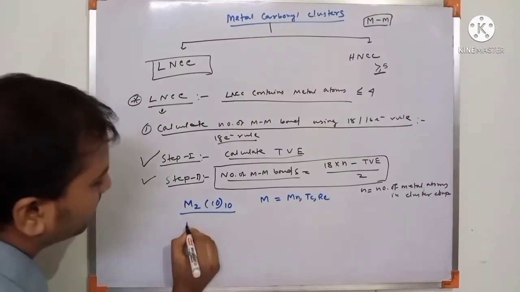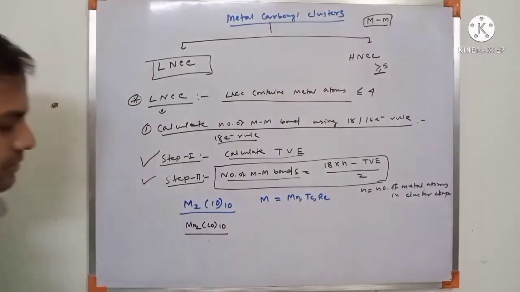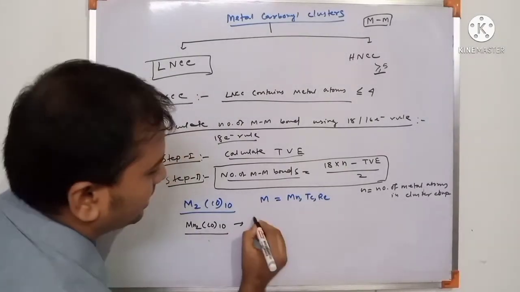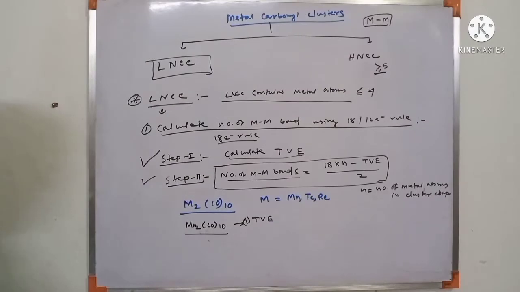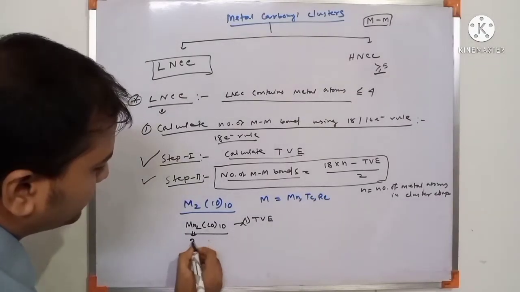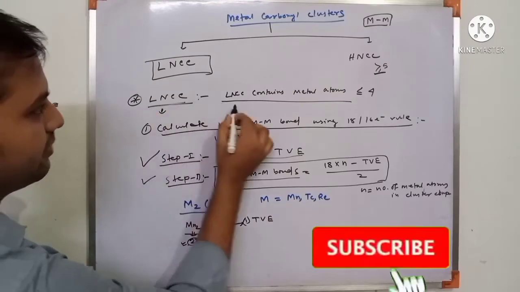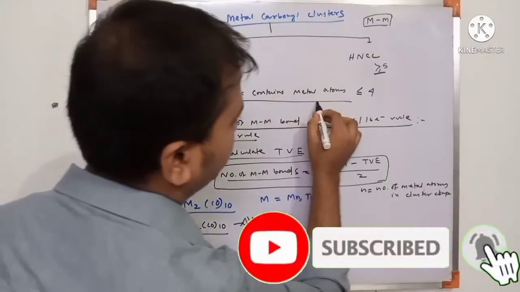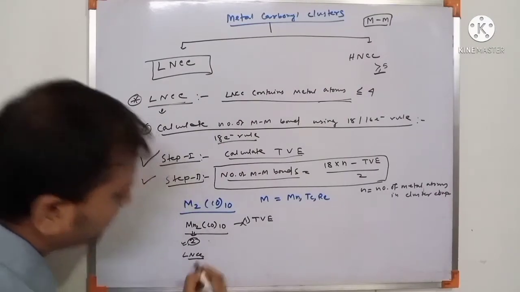Now in the case of Mn2(CO)10, first calculate total valence electrons. The number of metal atoms is 2, so this is LNCC, because LNCC contains metal atoms less than or equal to 4. So I apply the LNCC rule.